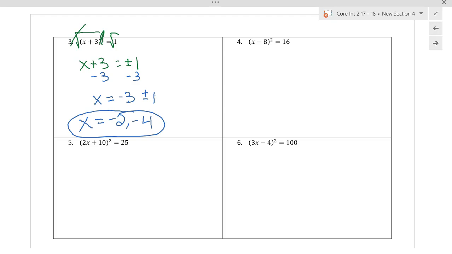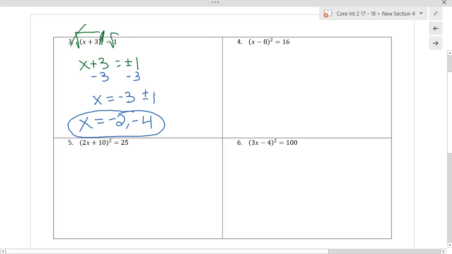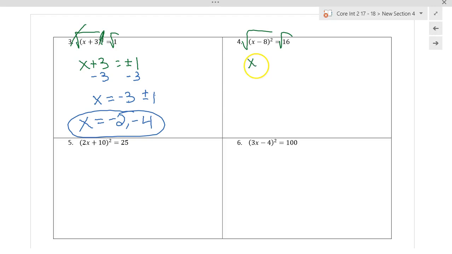Number 4, same thing. X minus 8 squared equals 16. I'm going to take the square root of both sides. The square root of x minus 8 squared is x minus 8. The square root of 16 is 4, but I need that positive and negative sign.